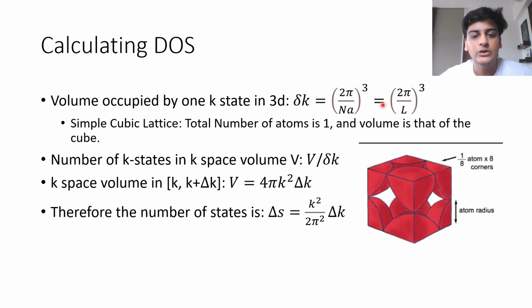Which means that the total number of states in this range is given by this divided by this, because this is the total volume and this is the volume taken by one state. This gives us the relation that the total number of states delta S is K square by 2 pi square times delta K, using which we can get our delta S by delta K, which is what we had set out to do, right?